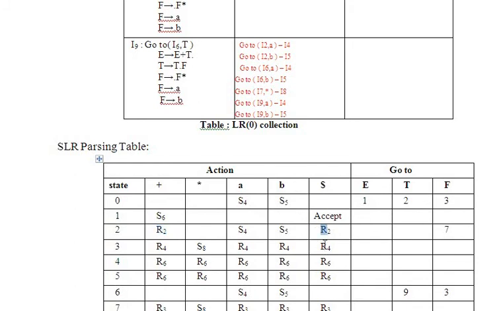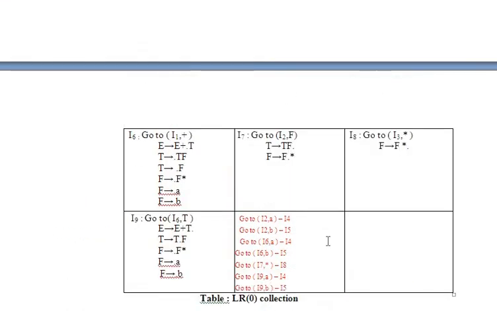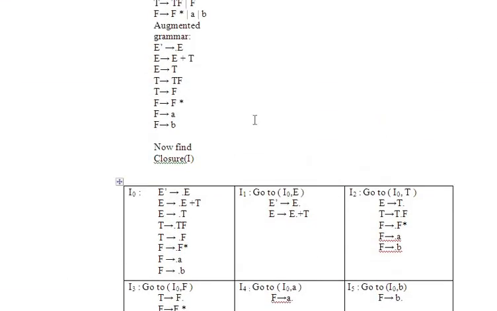Then which number do you have to give? For that you have to check the augmented grammar and number it 0, 1, 2, 3, 4, 5, 6 and 7. So your E gives T production is at the second position.